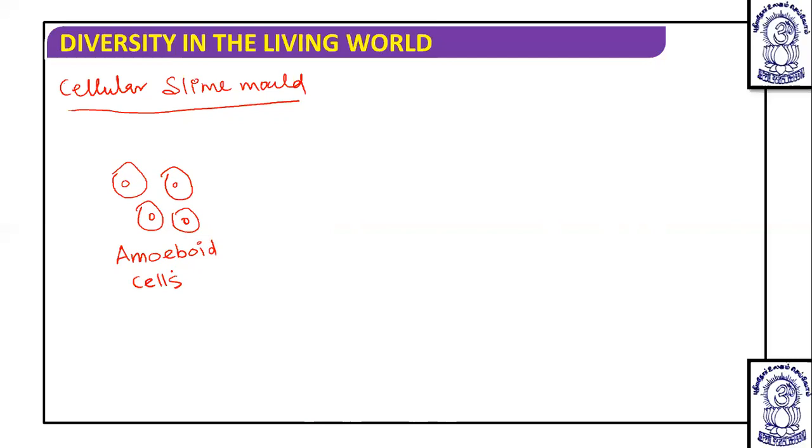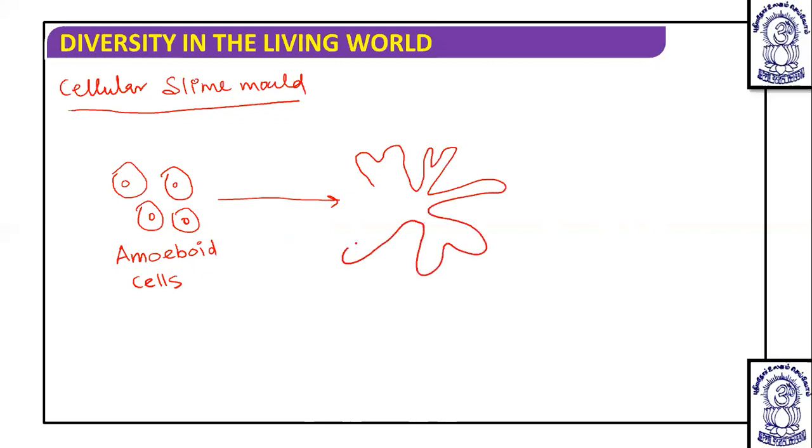Amoeboid cells are formed by the division of myxamoeba cells. Now these amoeboid cells fuse in such a way that they form a structure known as pseudoplasmodium.